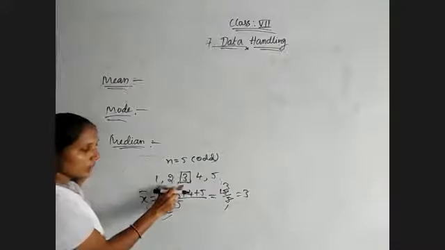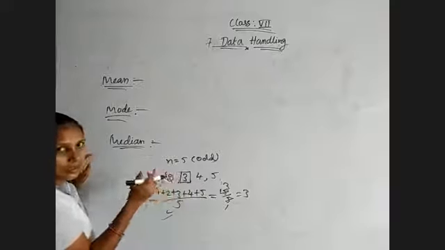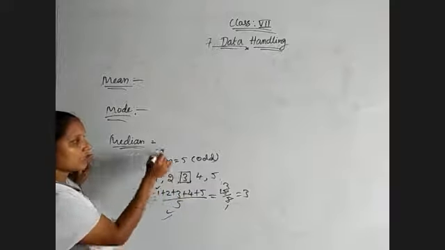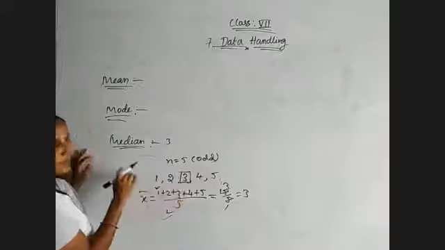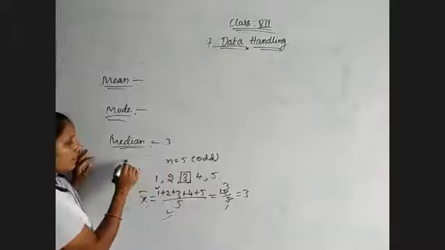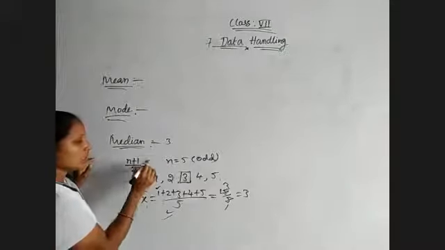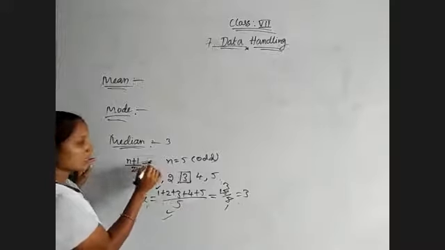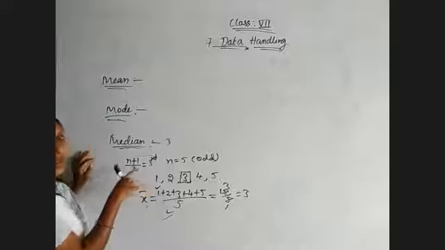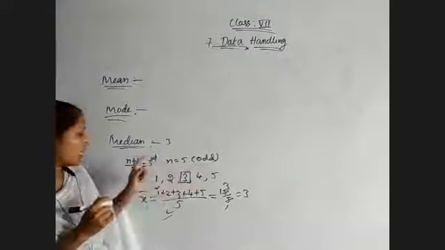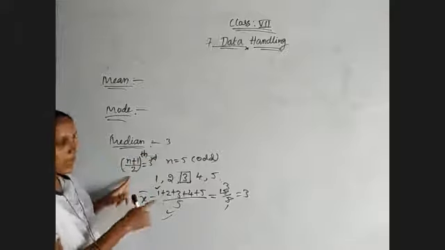So here the middle value is 3, so the median of this data is 3. Just listen: N is equal to 5. When n is odd, the (n plus 1) by 2 term, that is 5 plus 1 by 2, which means the third term, will become the median. Whenever n is odd, the (n plus 1) by 2 term is the median.